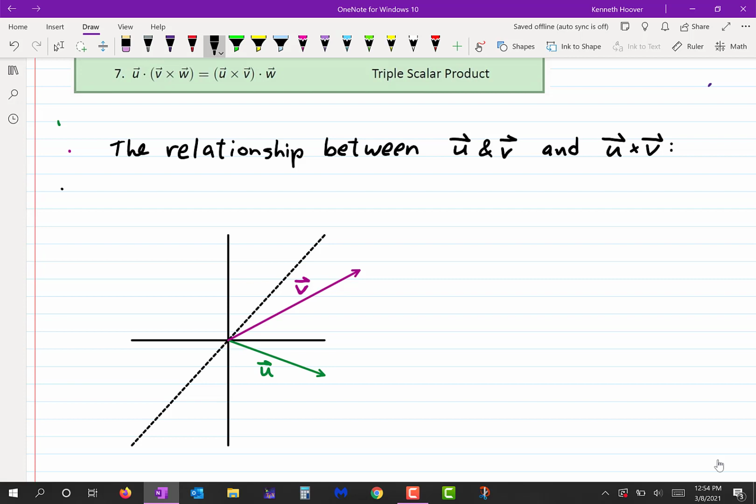Number one, u cross v is orthogonal to both u and v.